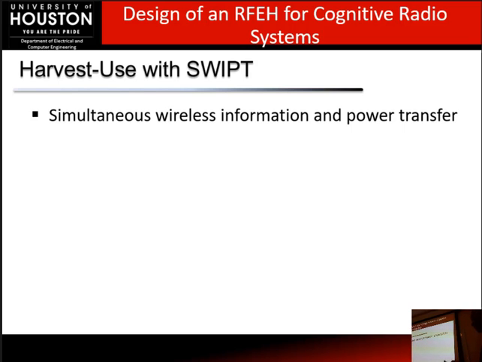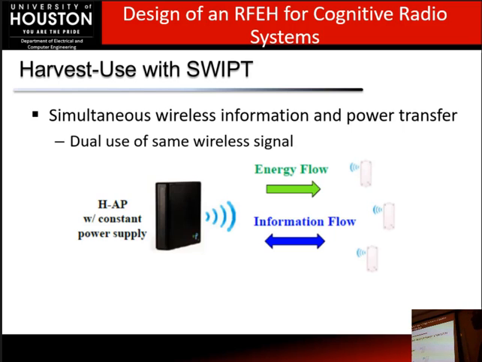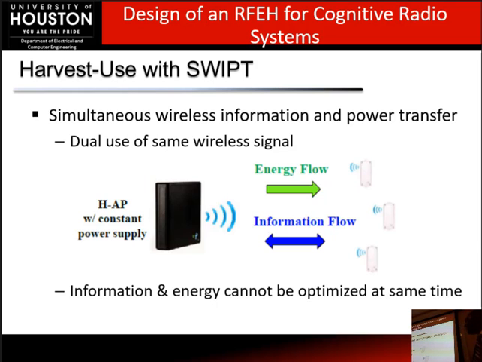So in this case, as you know, with SWIFT, we can use the same wireless signal to transfer energy and also exchange information at the same time. However, it's very difficult to achieve because the amount of information is a function of the variation or entropy rate, and the energy is just the square value of the peak, so it cannot be optimized at the same time.